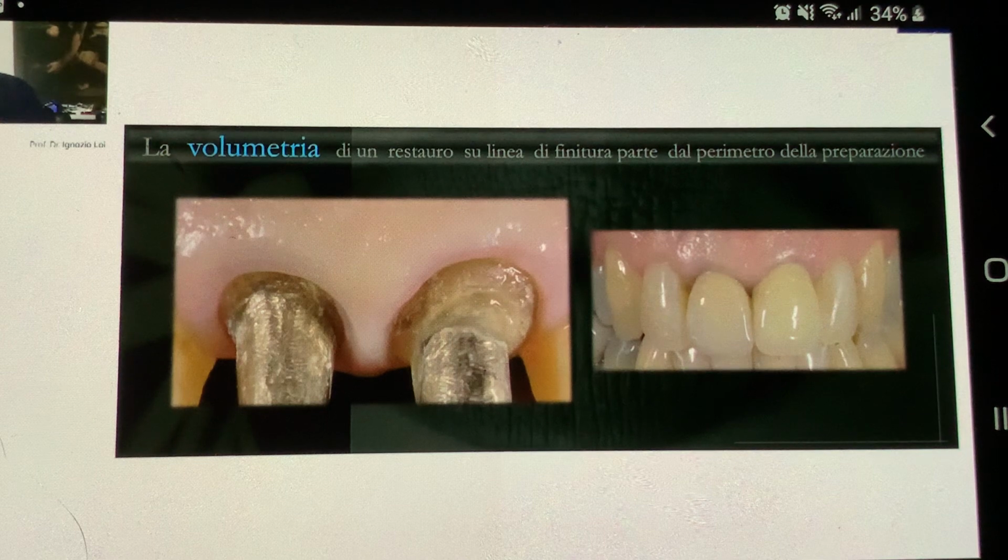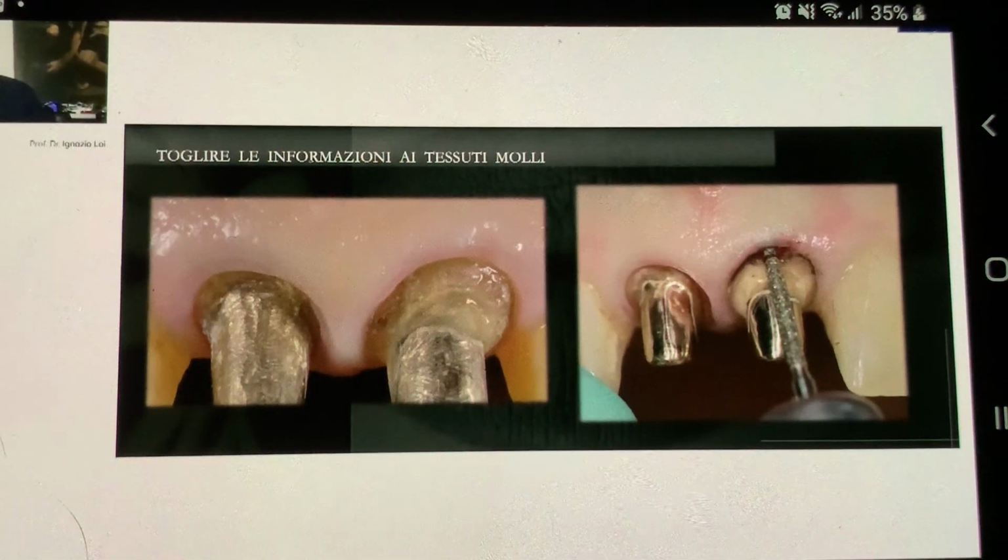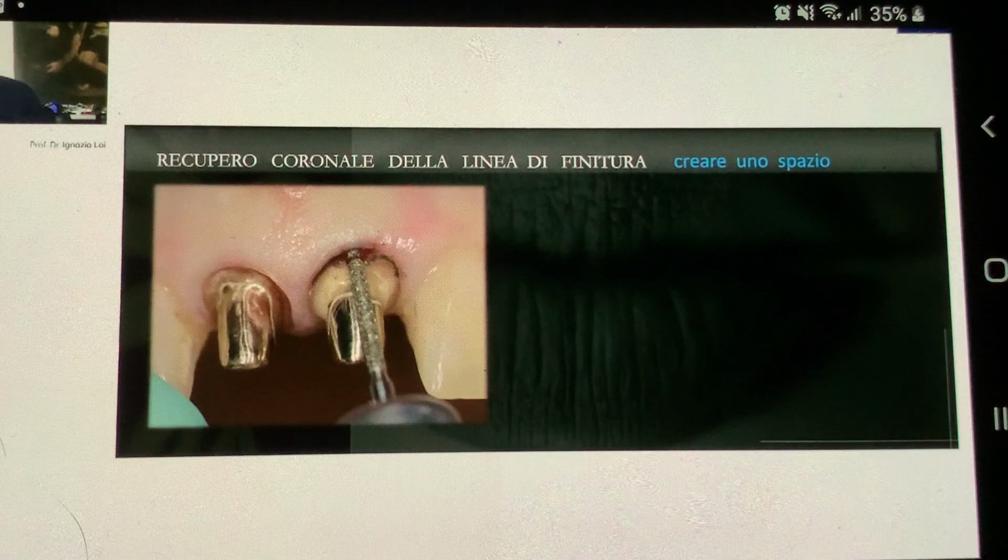Through the BOPT, on the other hand, by preparing these areas with vertical preparations, we can remove the inflammation that the tissues had, which had led to the shape of the tissues. Through vertical preparations, we can recover in a coronal way the finish line.